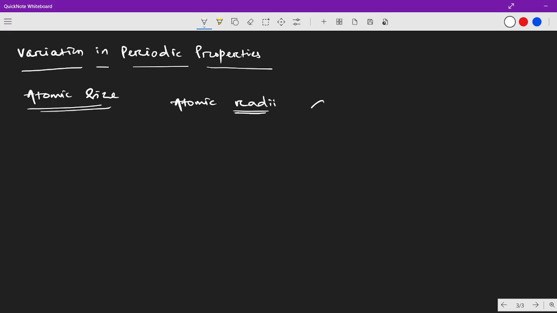That means the distance from the nucleus to the outermost shell is called atomic radii. If the atomic radii increase, definitely the size of the atom will also increase. Understood now?